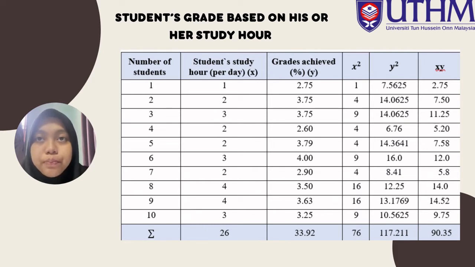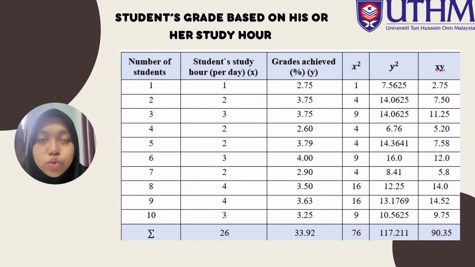For the study hours and grades achieved columns, we just take the same values from the first table. Then there are three more columns: X square, Y square, and XY.